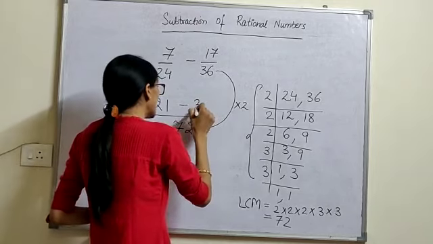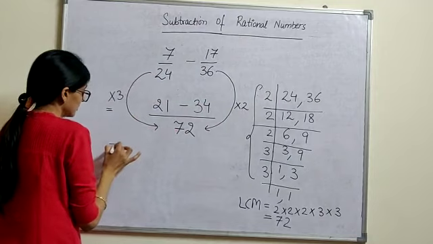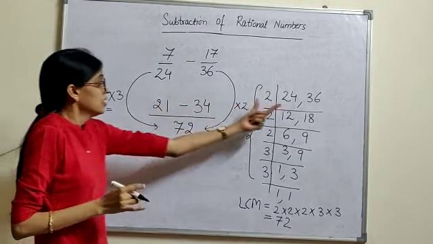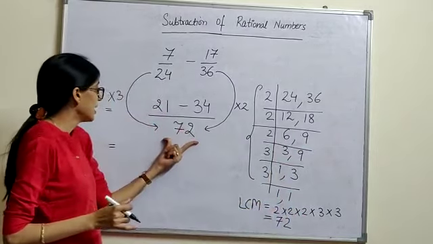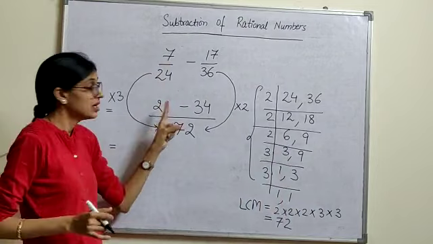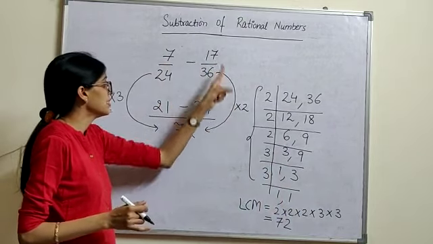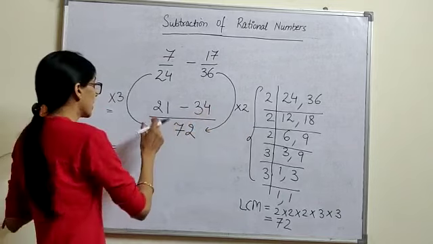It gives 34. Similarly, first take the LCM. Whatever the LCM is, write down here. The same number is multiplied with the numerator, and here it comes.